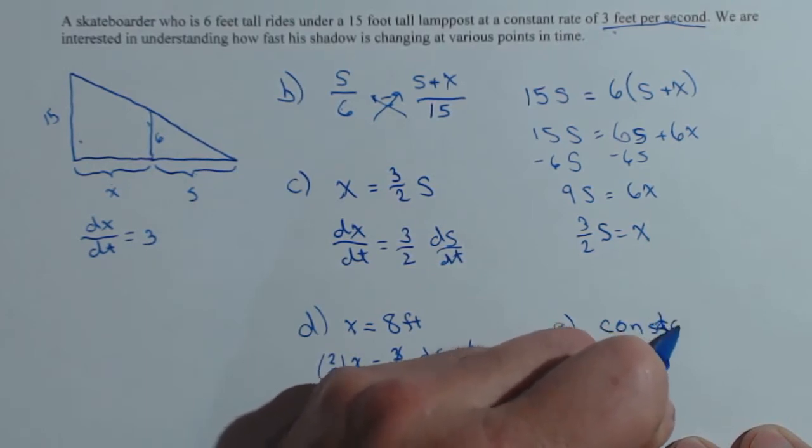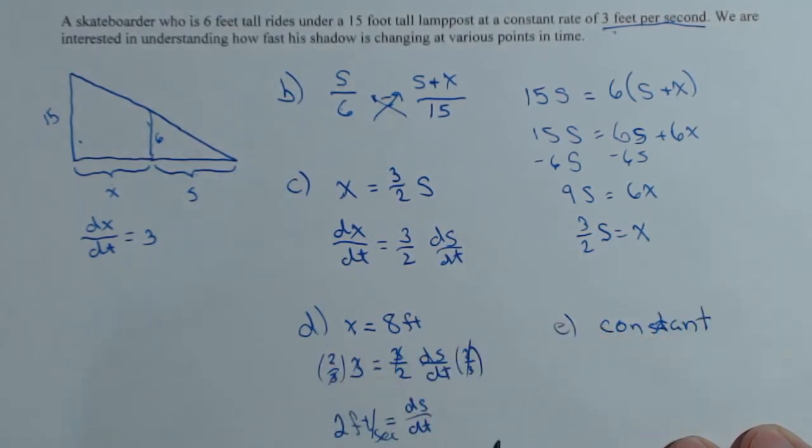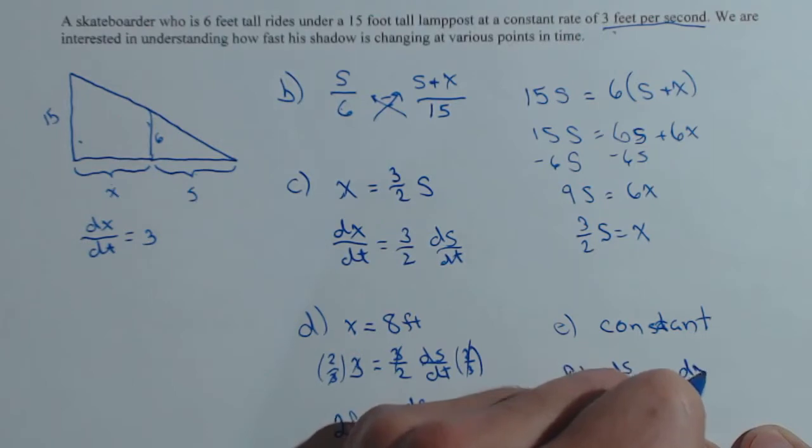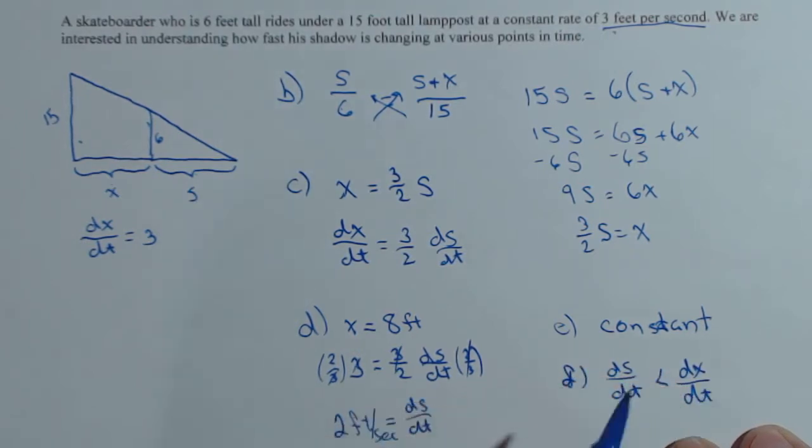And as we can see, ds/dt is always going to be smaller than dx/dt. So for part F, we know that ds/dt is always going to be smaller than dx/dt. So the distance from the lamppost is going to be increasing more rapidly than the length of his shadow.